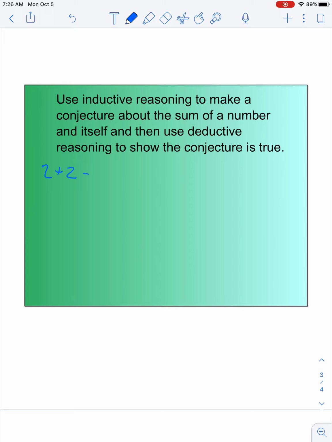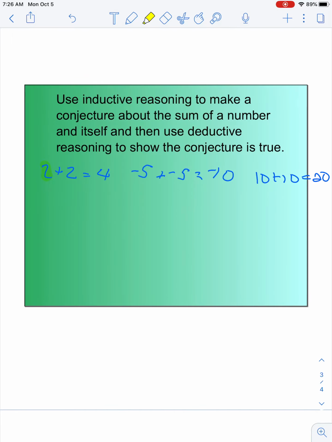So if we take a number added together with itself, we try to look for a pattern. And maybe you start to realize that the sum of a number and itself is really just 2 times the number.